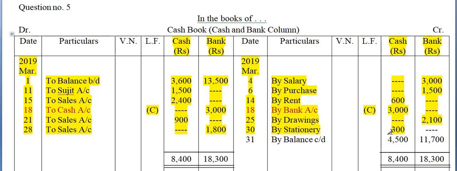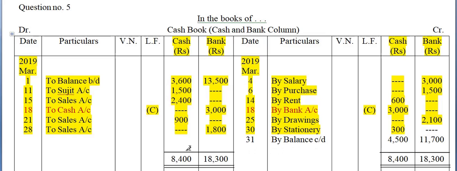Now after this, you must balance this cash book, and remember, cash can never be negative. So what you will do is leave a space out here towards the credit side, to write by balance C/D.